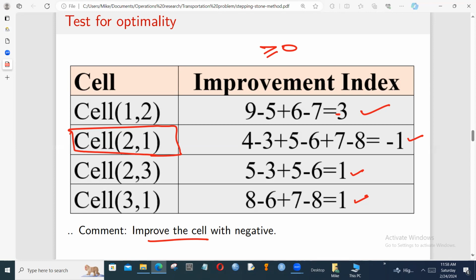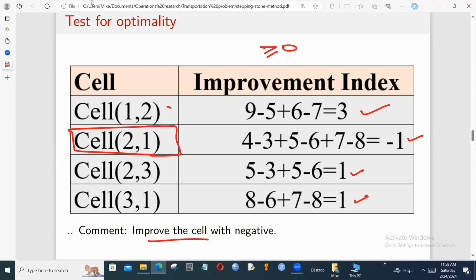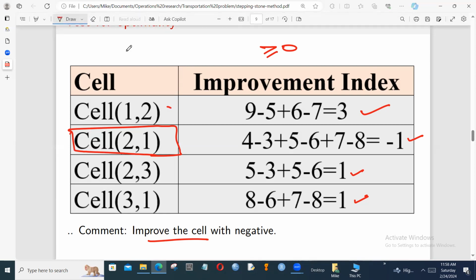If we have more than one that are all negatives, you go for the one with the highest negative. So we could have investigated cell 1-2 instead of cell 2-1, just in case there's more than one that is negative. But in this case, cell 2-1 is the only one giving us a negative improvement index. So it's the one that becomes our interest.